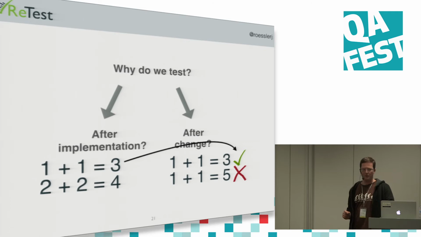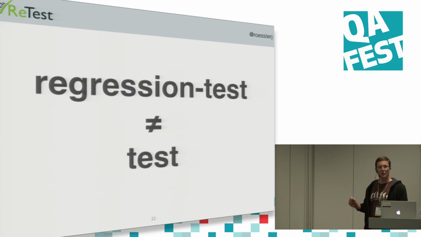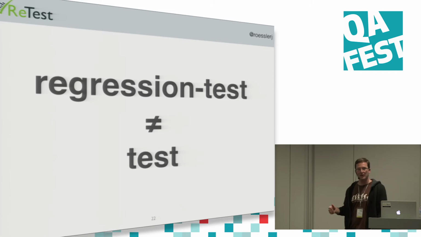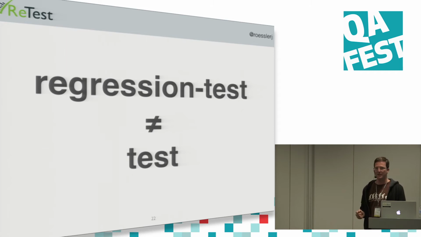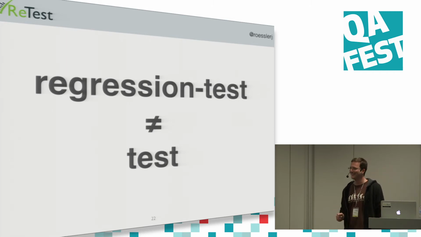In other words, regression testing is not really testing, because we don't look for bugs. If you have a release tomorrow, and you find a bug like that, and you go to your project manager and say, oh look, I found a cool bug, we should fix it, he would go, oh yeah, but not today.